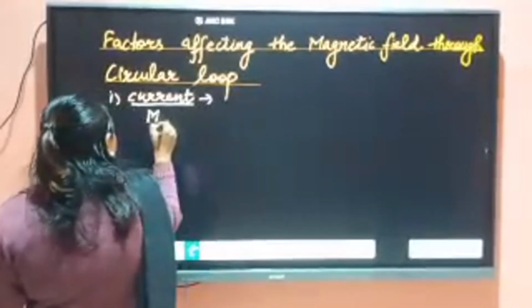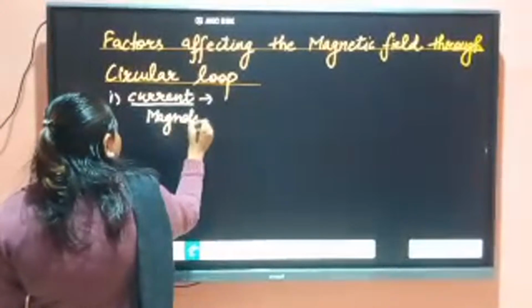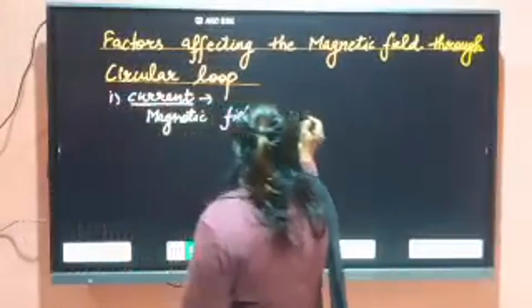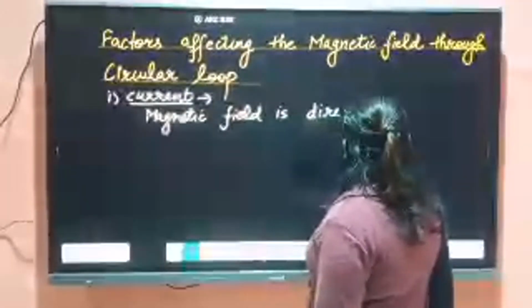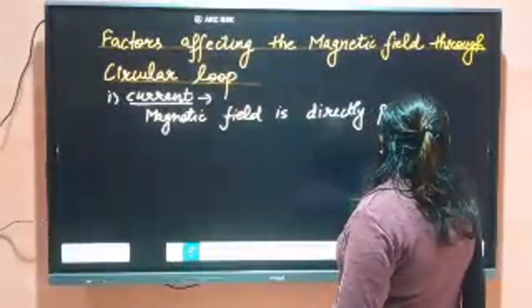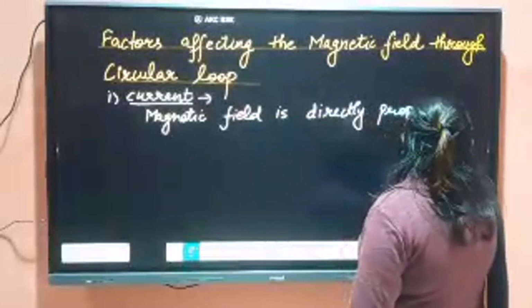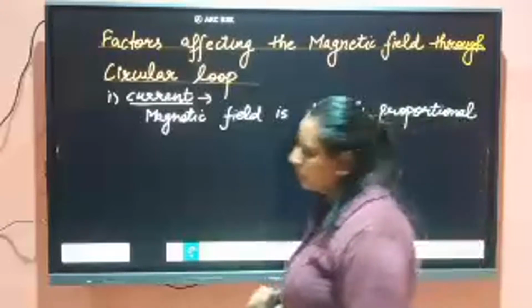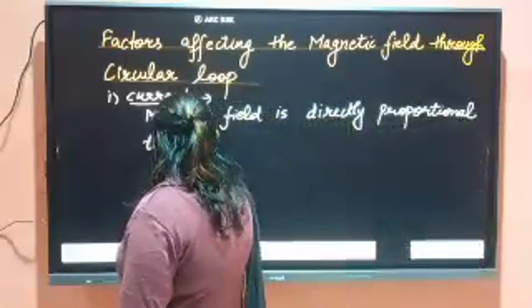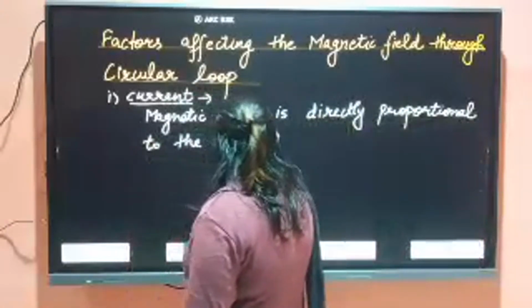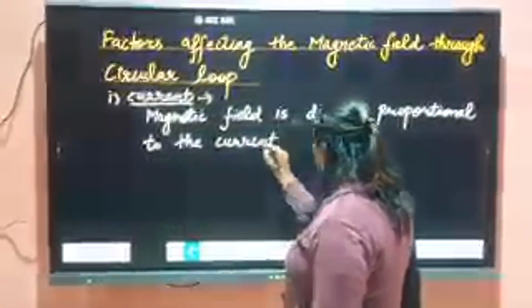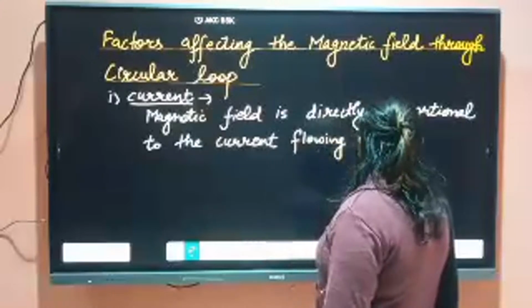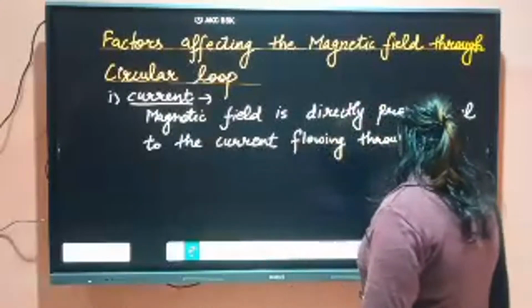So magnetic field is directly proportional to the current flowing through it, okay?